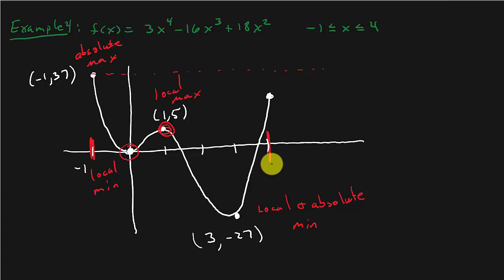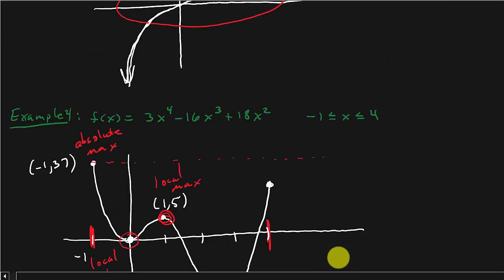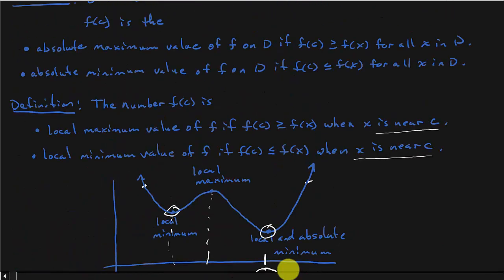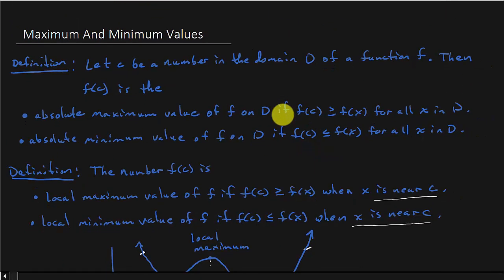So it's an absolute maximum. Remember what absolute maximum says. An absolute maximum value of f on D, and what's D? It's the domain of f. f of c is greater than or equal to f of x for all x in D.